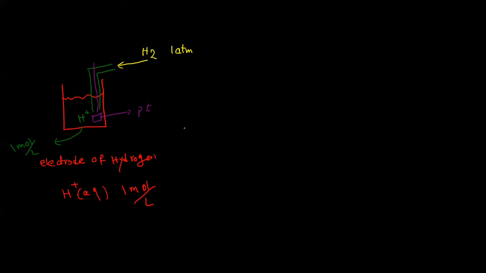The exchange of electrons between H2 and H+ is like this: 2H+ aqueous plus 2 electrons, giving us H2 gas. Because it's just one half cell, it's a reversible reaction, so we have an equilibrium here. This exchange of electrons between H2 and H+ happens at the surface of platinum, which is a conductor.